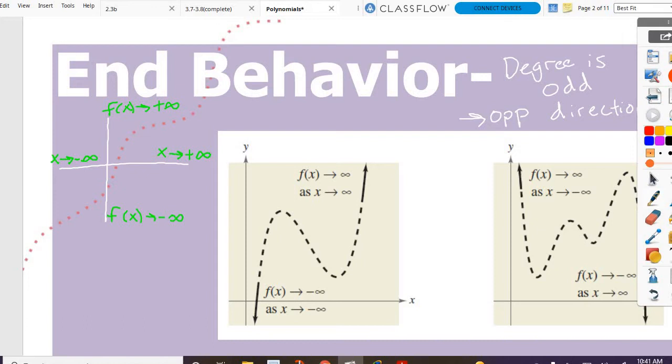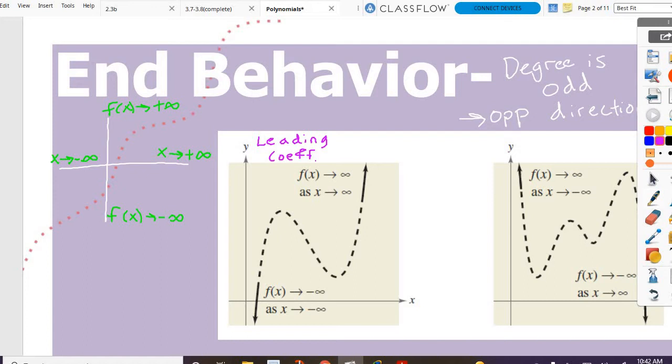Now, to know which way it goes, we have to think about the leading coefficient. So if we think about our leading coefficient of, say, x cubed, what does our x cubed graph look like? Kind of like the S shape, right? And if I just think about my normal x cubed graph, we go down on the left and up on the right.